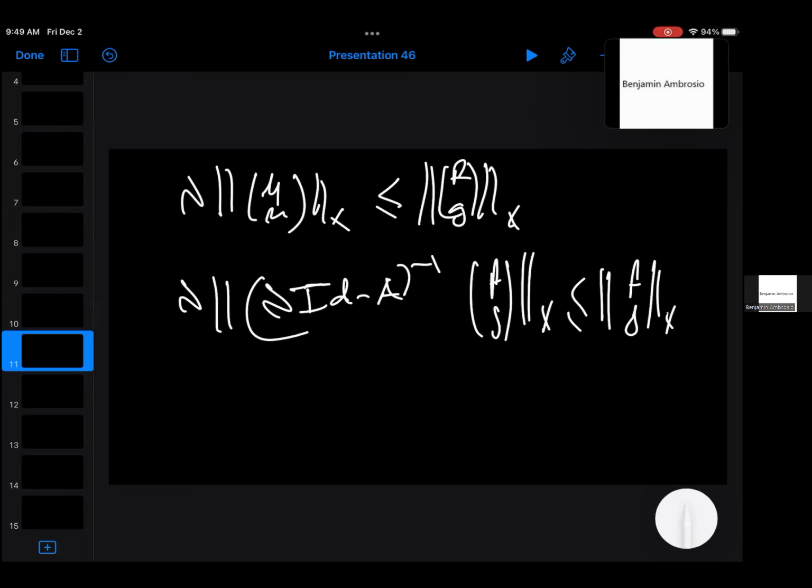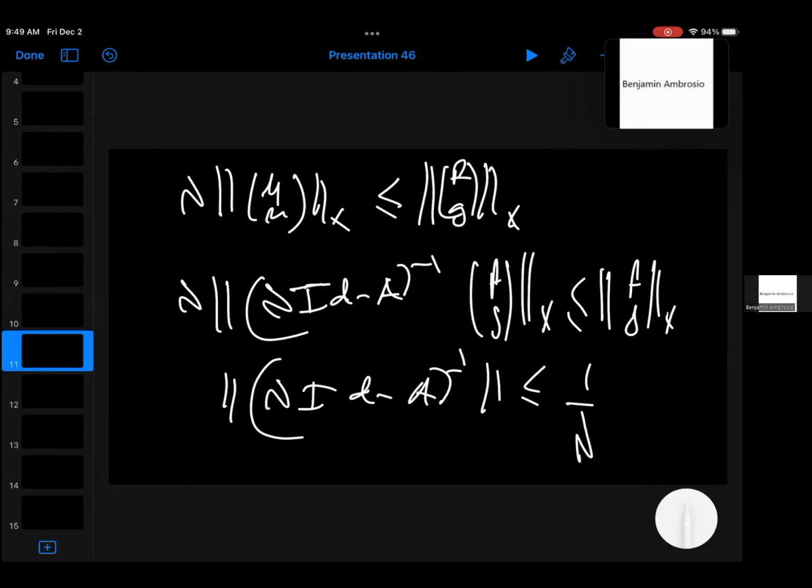So if I divide by the norm of (f, g) in X, and I take the sup, I obtain that the norm of lambda identity minus A minus 1 is less than 1 divided by lambda.